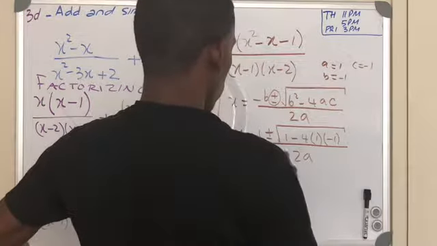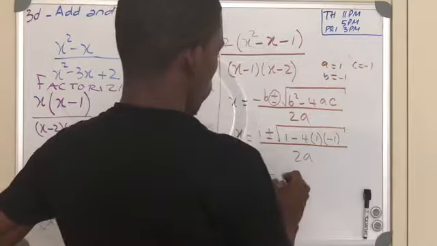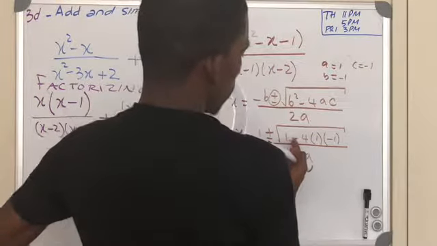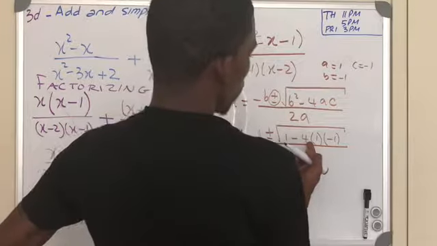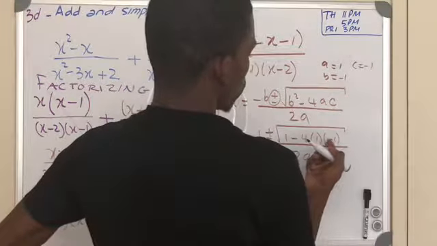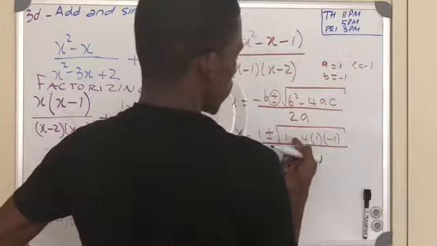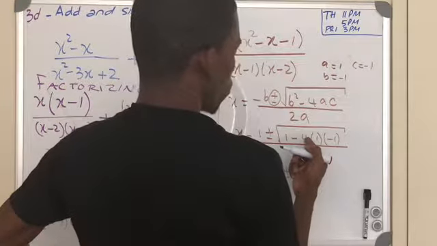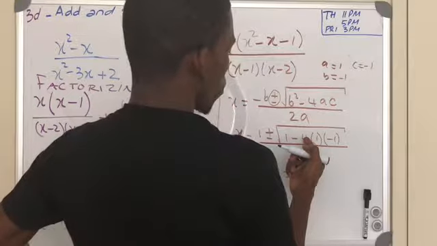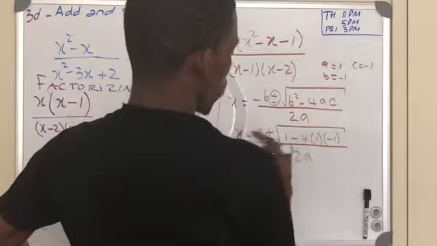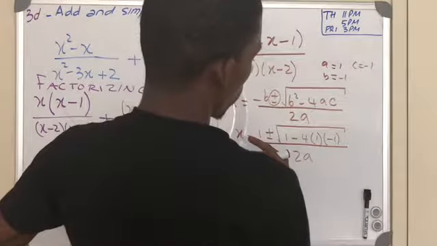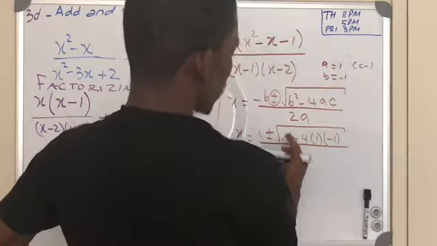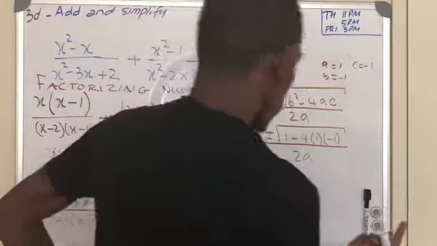So x equal to 1 plus or minus square root of 1 minus 4 times 1 times minus 1. That's going to give me minus times minus is plus. 1 times 1 is 1. 1 times 4 is 4. 4 plus 1 is 5. That's going to give you square root of 5.